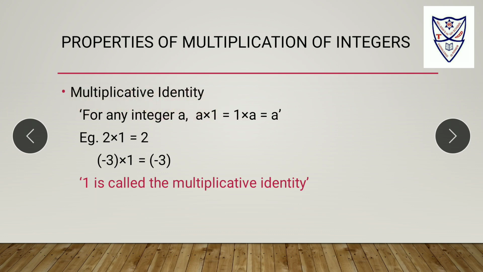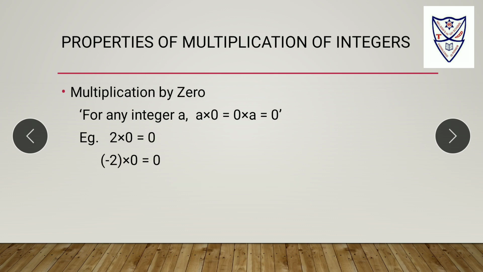Next, multiplicative identity. For any integer a, a multiplied by 1 is equal to 1 multiplied by a is equal to a. That means if you multiply any integer with 1, at last you will get that same integer. For example, 2 multiplied by 1 is equal to 2, minus 3 multiplied by 1 is equal to minus 3, and therefore 1 is called the multiplicative identity.